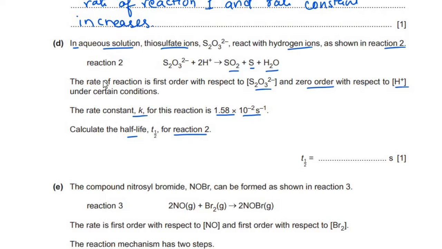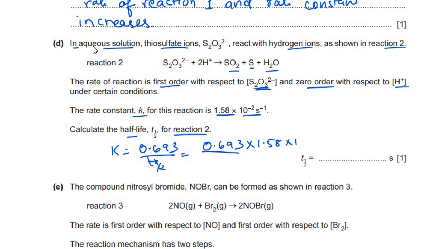Now if the reaction is first order with respect to thiosulfate ions, we can use this formula: K is equal to 0.693 divided by T half. That's the formula we can use if the reaction is first order. So now it's given it's first order with respect to thiosulfate ions, so we can directly substitute.